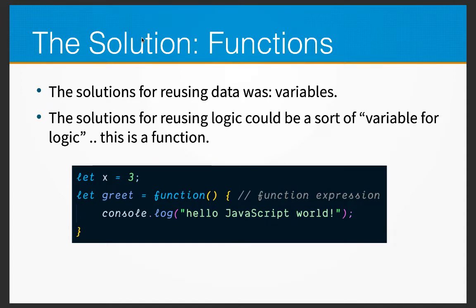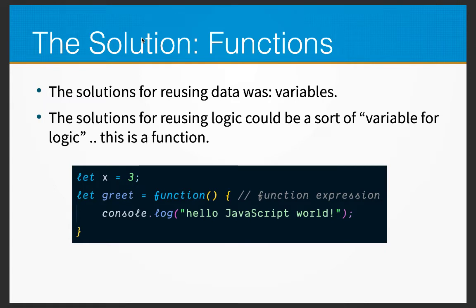It's a data item. And now that I have the variable, I can play around with this data item all along my program. On a similar note, you can see that I can define another variable, greet, that I initialize not with a simple value, but with an expression that results in the creation of a function.